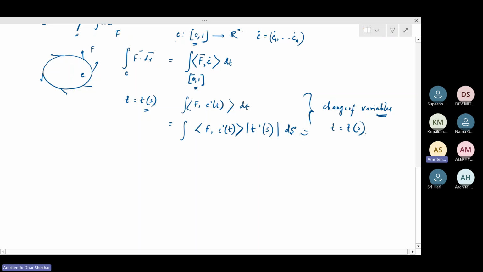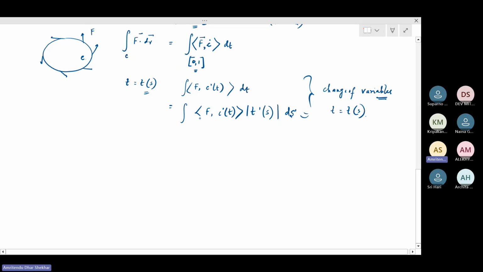Now I have reparameterized the curve. This is not a reparameterization, this is just a change of variable. Now, had I reparameterized the curve, I would have got the integral of f comma d upon ds of c of t of s ds.